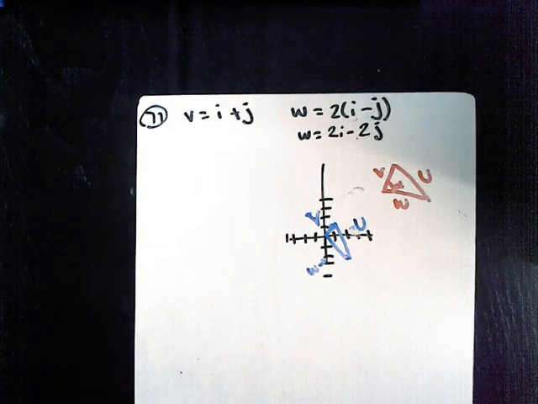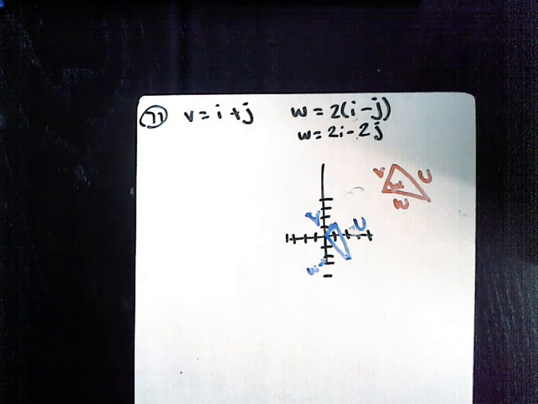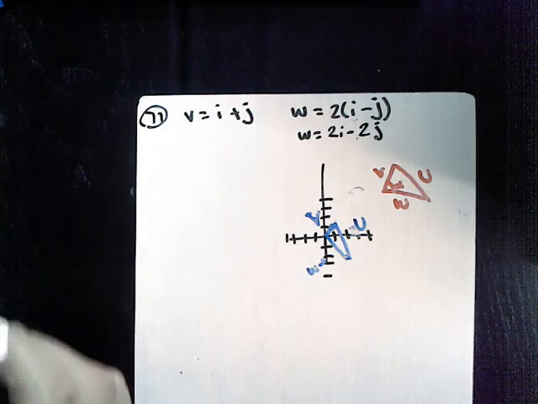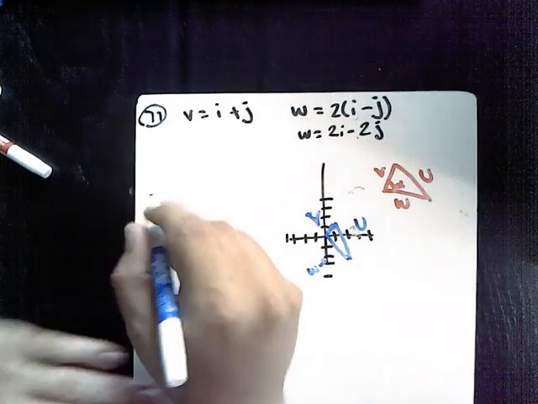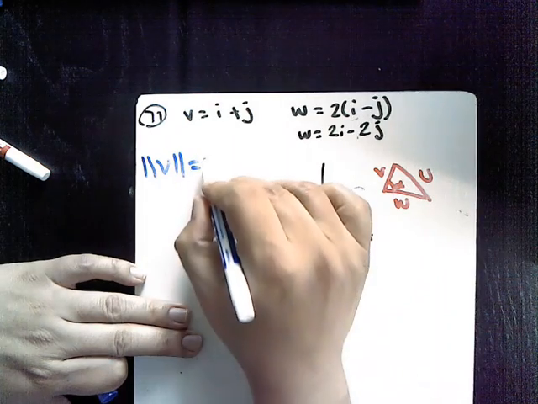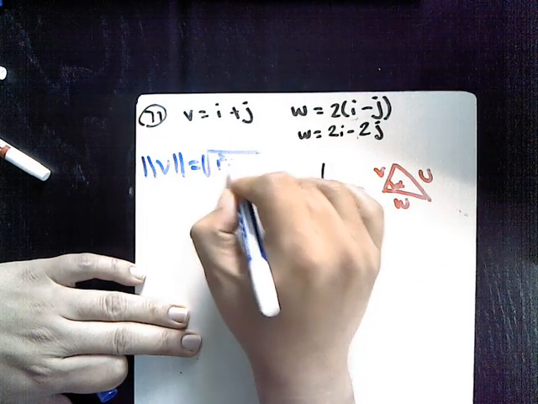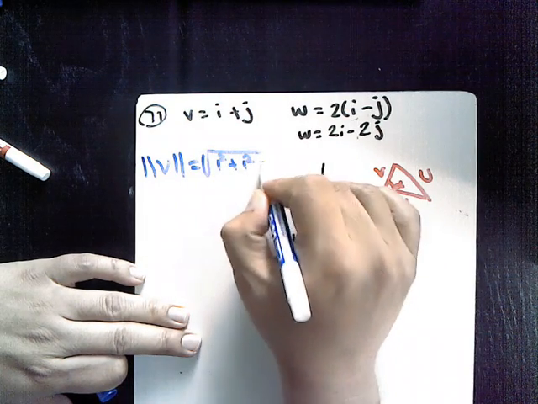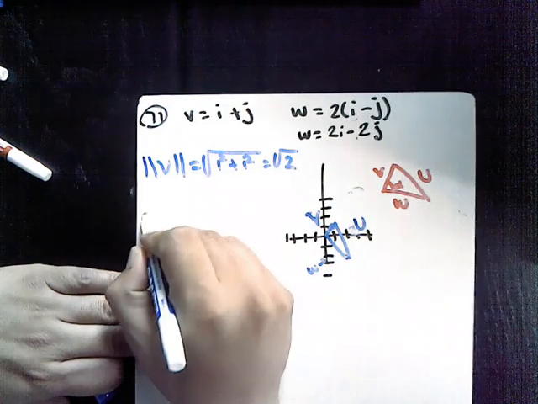So they want us to use the law of cosines. So really what we have to do is find the magnitude of each side so we know what each side length is. So what I mean by magnitude is like the magnitude of v. So 1 squared plus 1 squared equals the square root of 2.